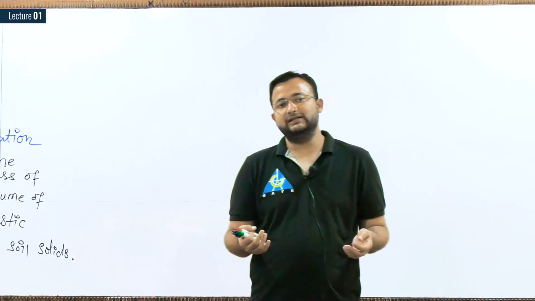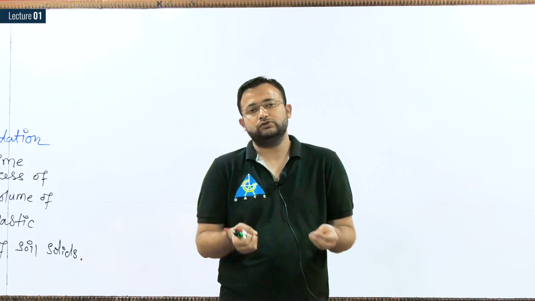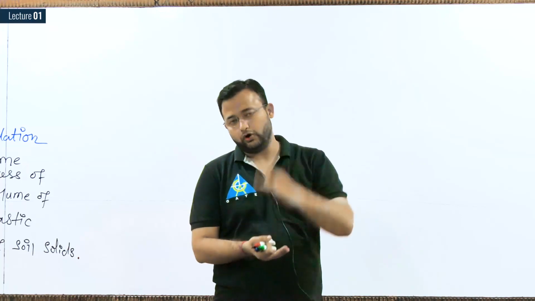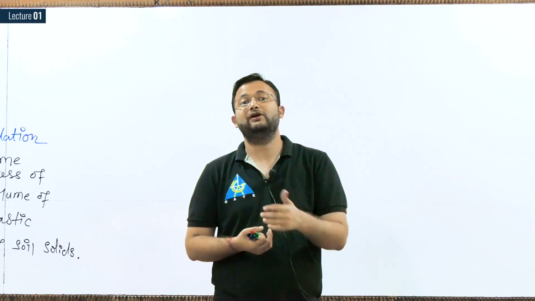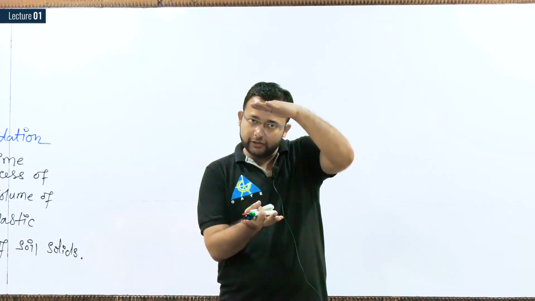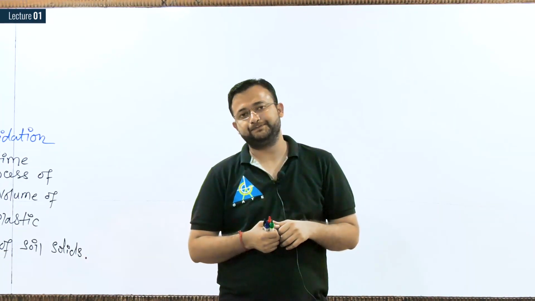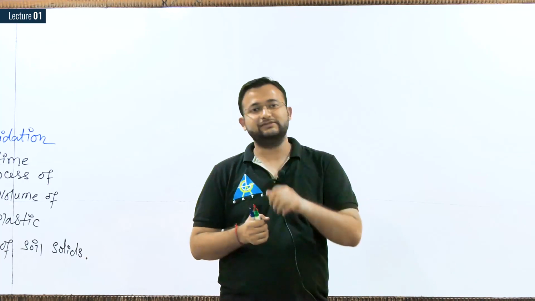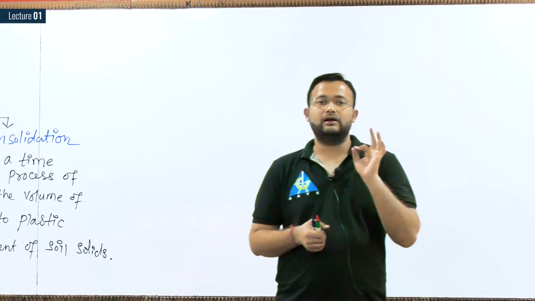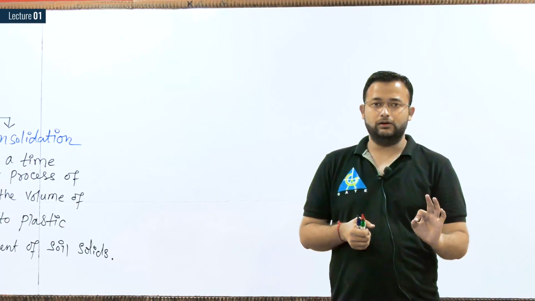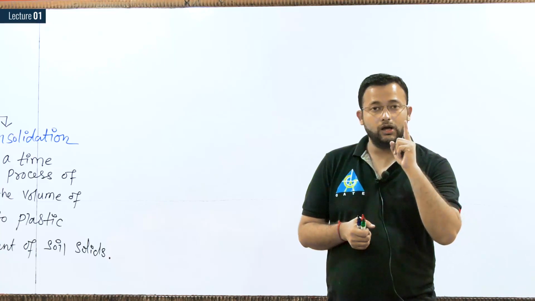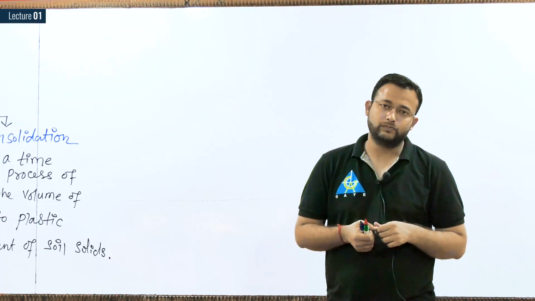Voids can be removed means if the voids are filled with air, and I apply the load on the soil, the process is called compaction. I am removing the air from the soil. I am reducing the volume of soil. If we are removing the air from the soil, the process is called compaction.